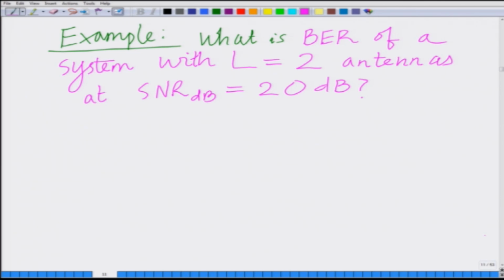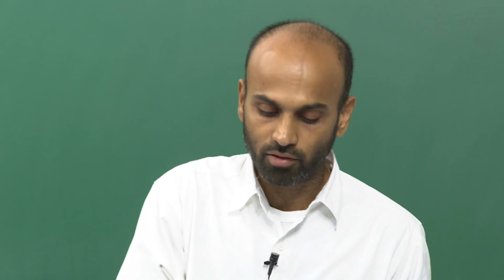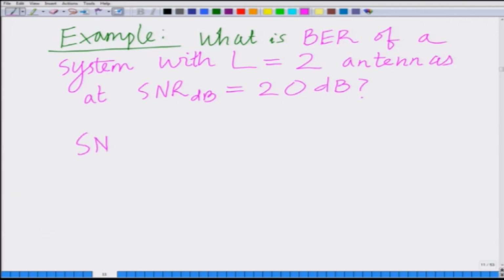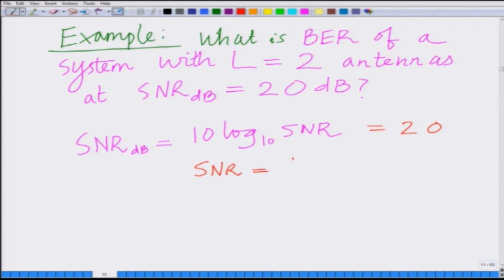Now, the first thing that we have to do is convert this dB SNR into normal SNR. So, we have SNR in dB equals 10 log 10 times the actual SNR, which is given as 20, which implies our SNR equals 10 to the power of 2, which is equal to 100. Now, let us find the value of lambda.